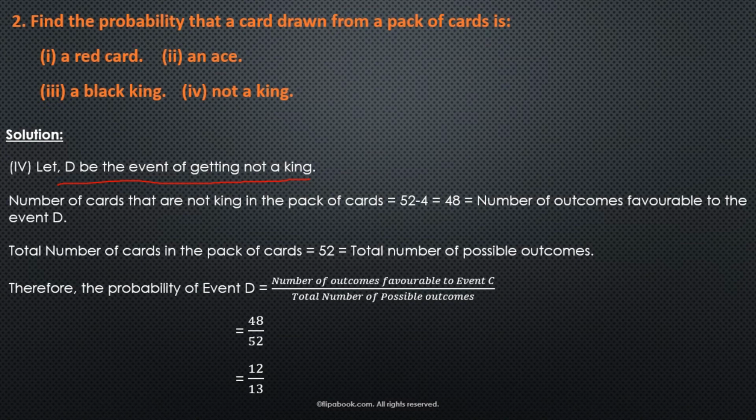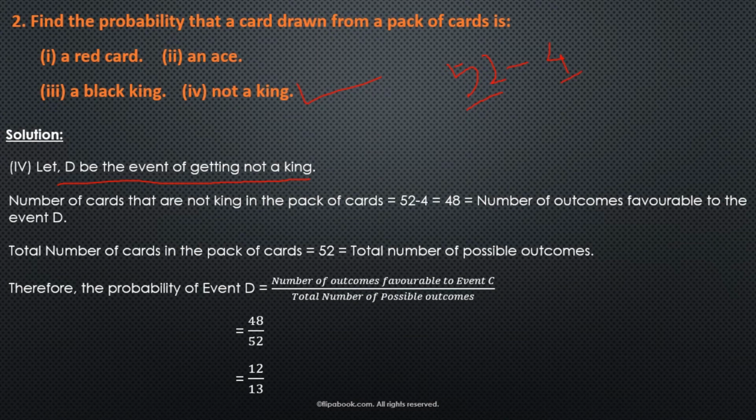So, if we take out these 4 cards from a pack of 52 cards, then other cards are not going to be king, and our condition will get fulfilled. What I am saying is that there are a total of 52 cards, and out of 52 cards, 4 cards are king. If we take out these 4 cards from the 52 cards, then the remaining 48 cards are surely not king.